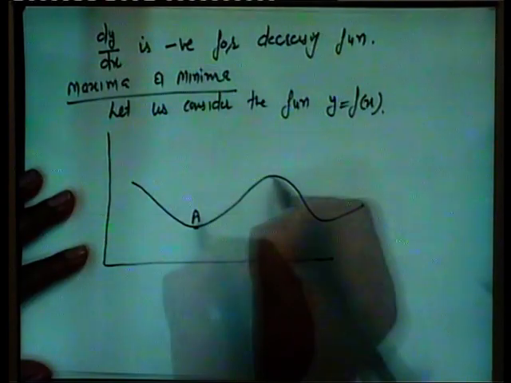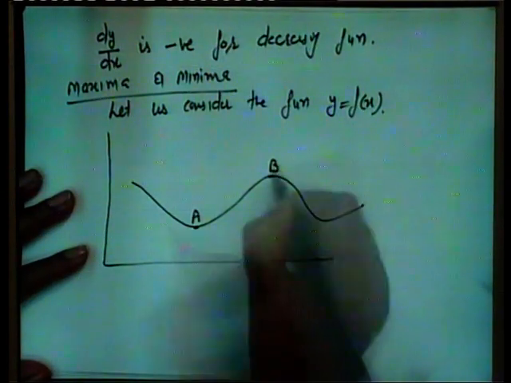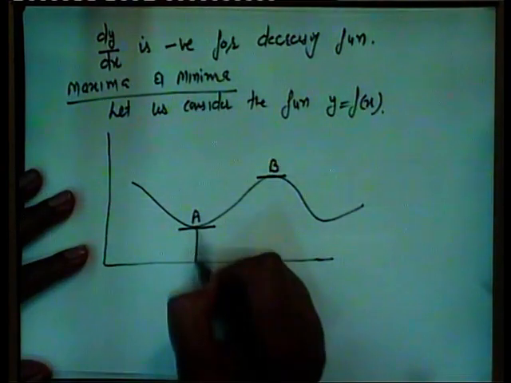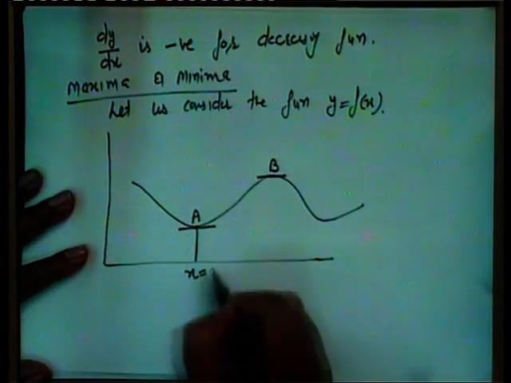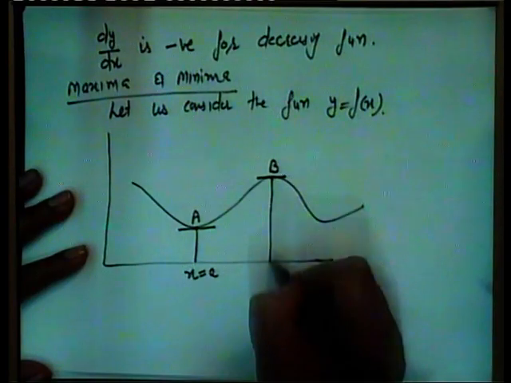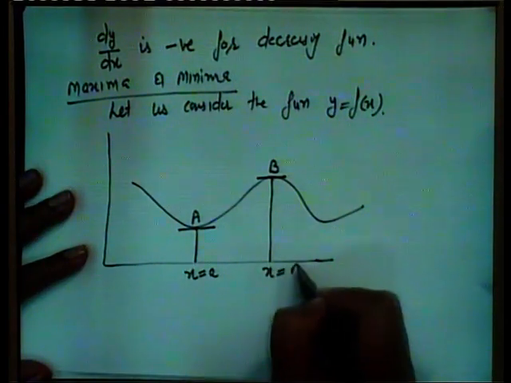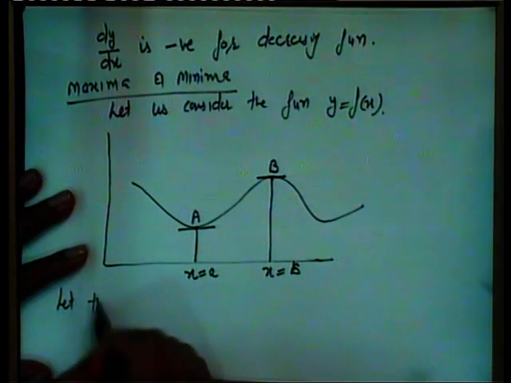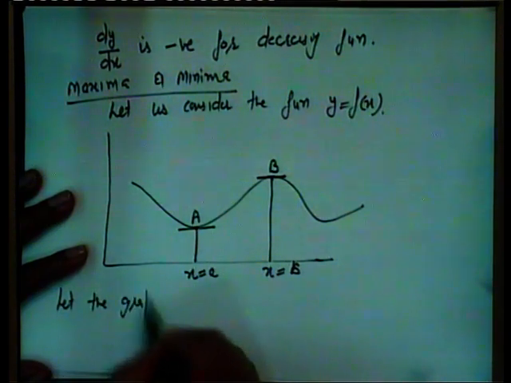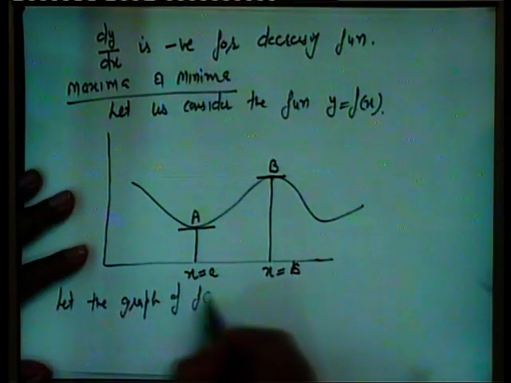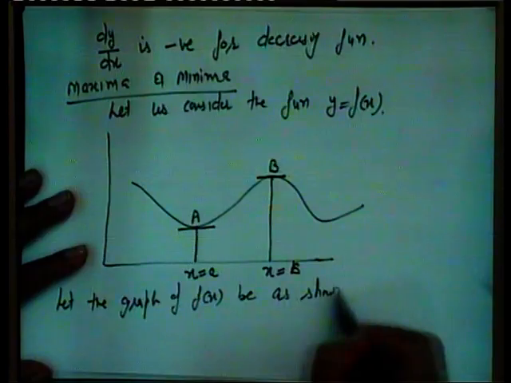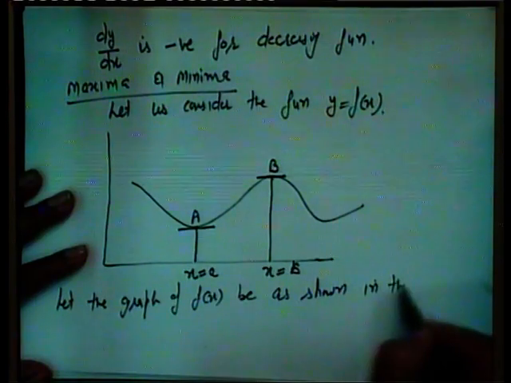This is point A and this is point B. At the point A, x is equal to a and at the point B, x is equal to b. Let the graph of f(x) be as shown in the figure.